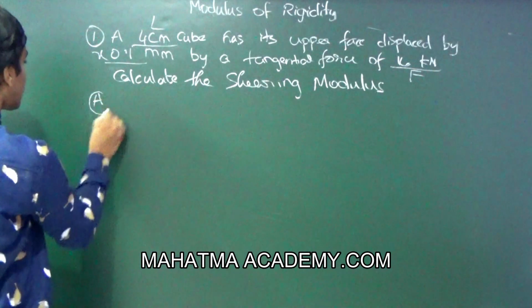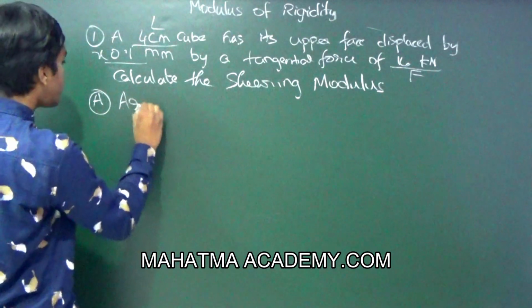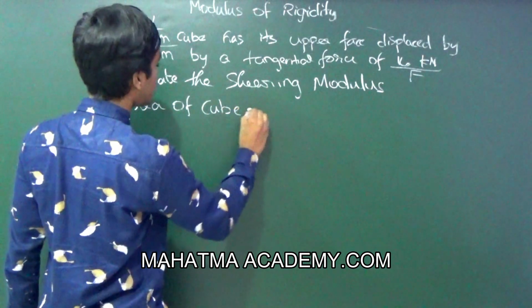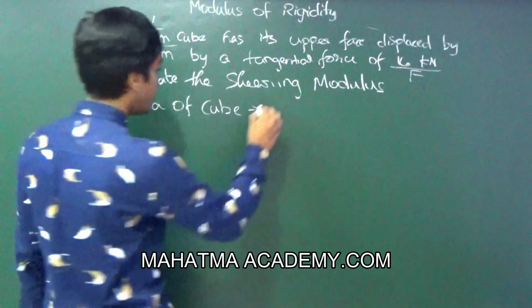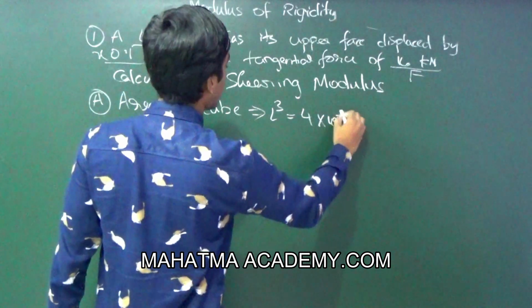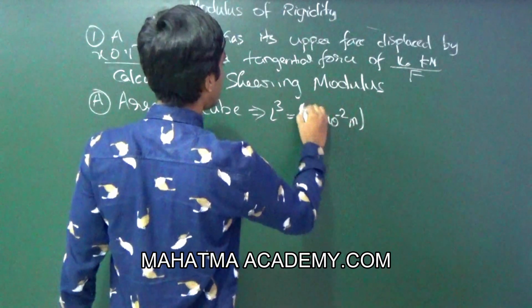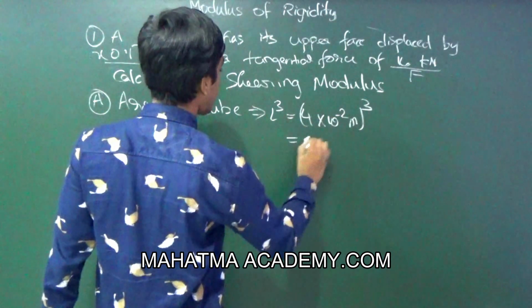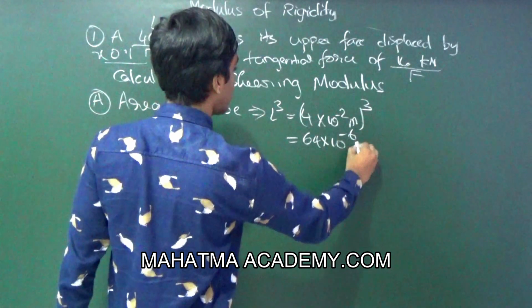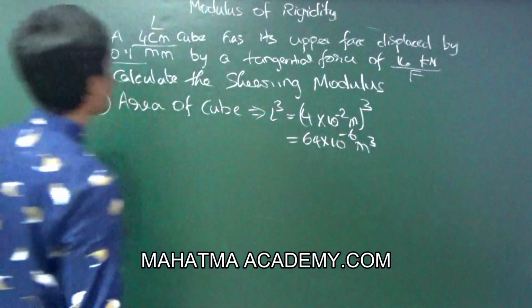Now we will solve. Area of the cube is L cubed. So 4 into 10 to the power of minus 2 meter, cubed. It will become 64 into 10 to the power of minus 6 meter cubed.